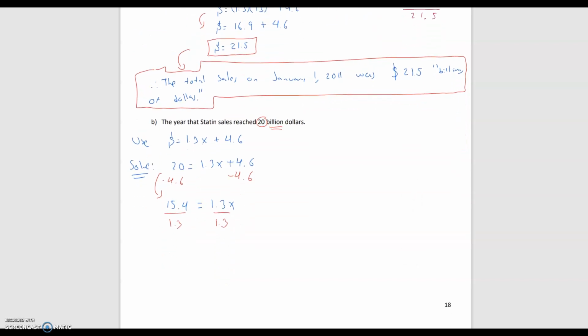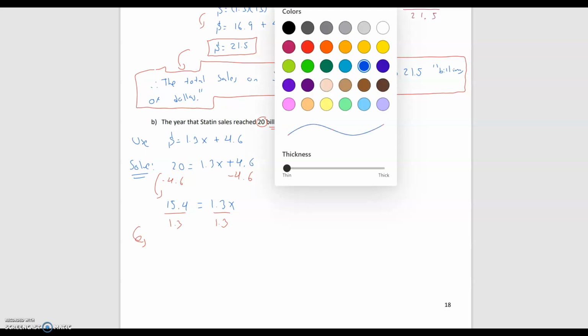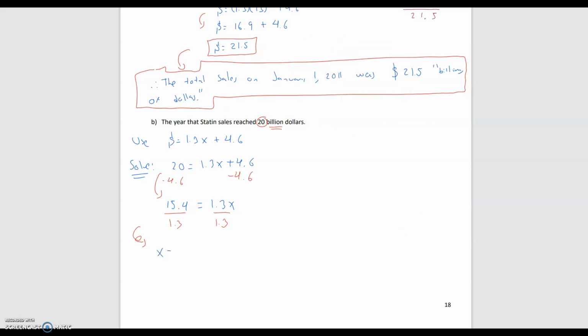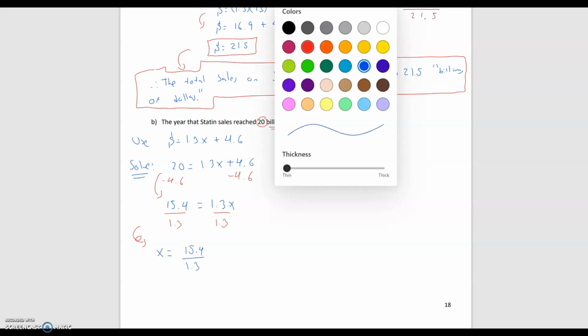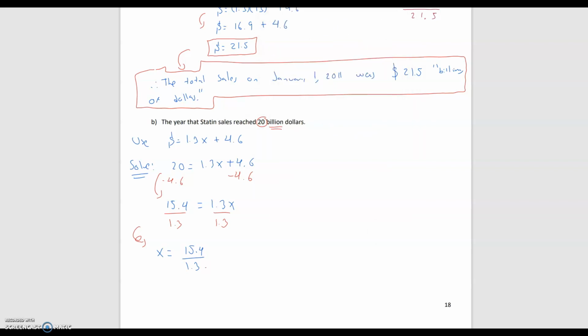And let me rewrite it and also flip it so we have the variable first. So we're looking at x is equal to 15.4 divided by 1.3. And what I'm going to do here is multiply by 10. So we're looking at this being 154 divided by 13.